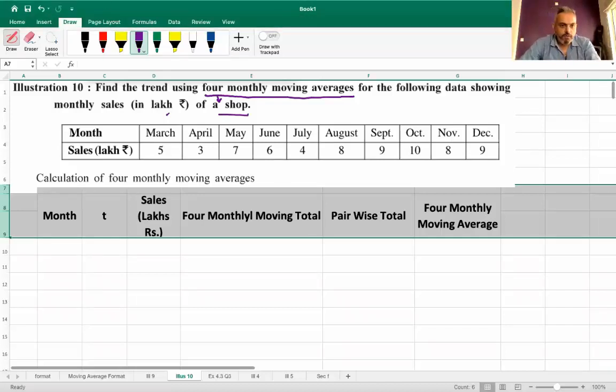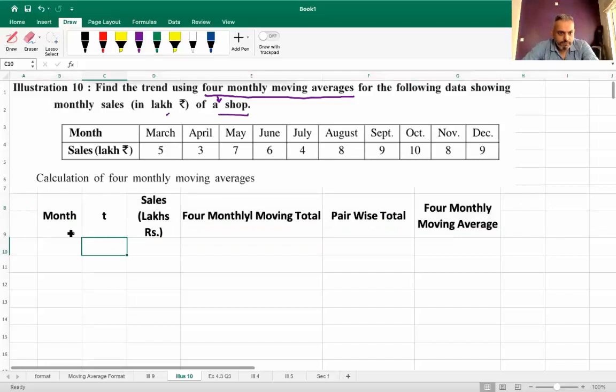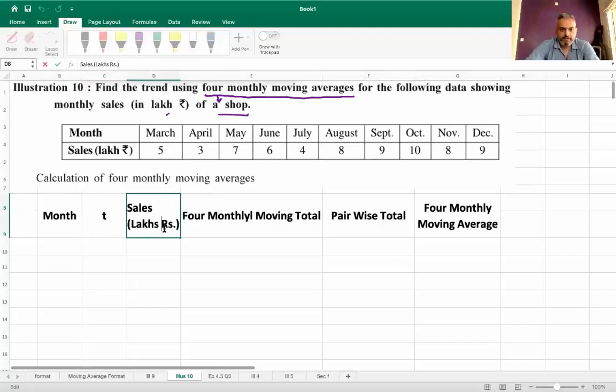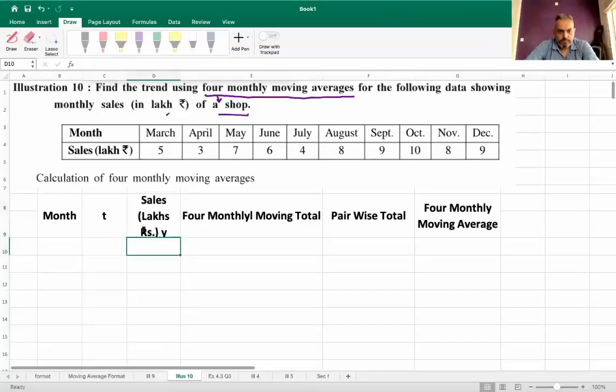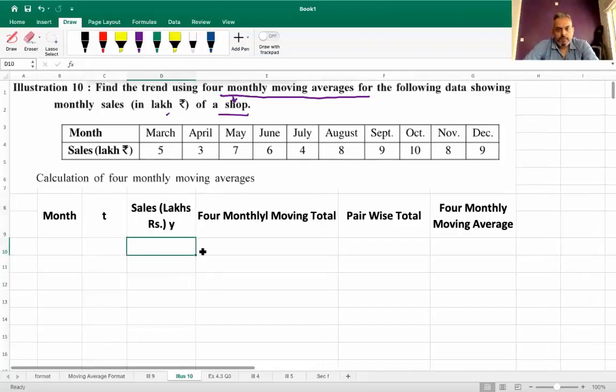Now what columns will we be requiring over here is you will be requiring month. Then again T we will write after that. Then sales in lakh is basically your Y. Then the 4 monthly moving total.